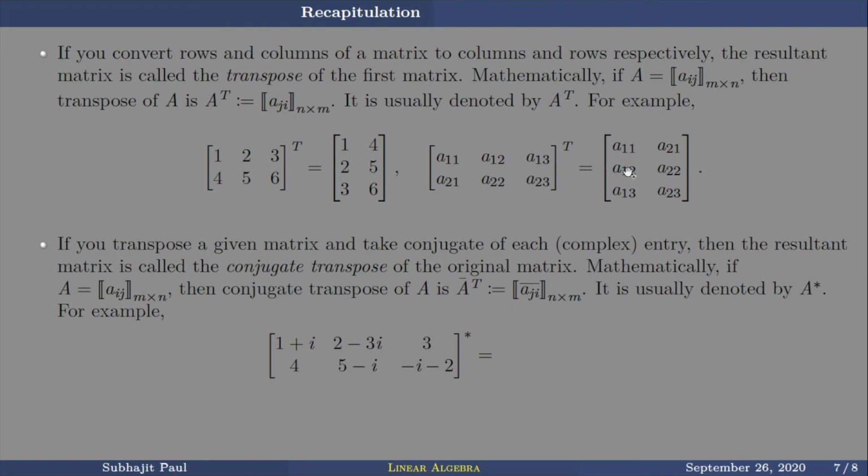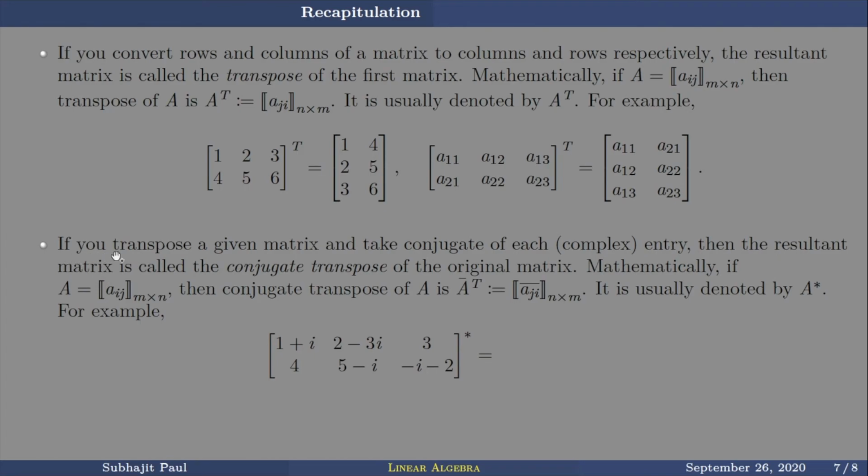This one is the 3, 2 entry of the transpose matrix, because this is the third row and the second column, and this is equal to the 2, 3 entry of the original matrix. This Aji is actually giving you the ijth entry of the transpose matrix, and that is the same as the jith entry of the original matrix.